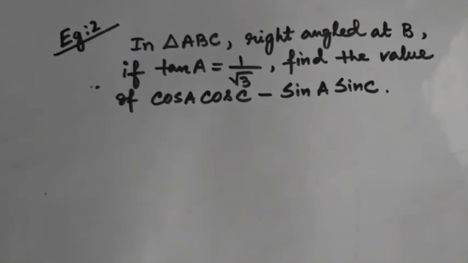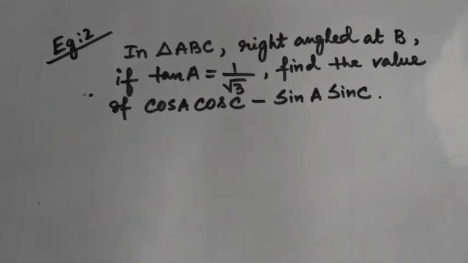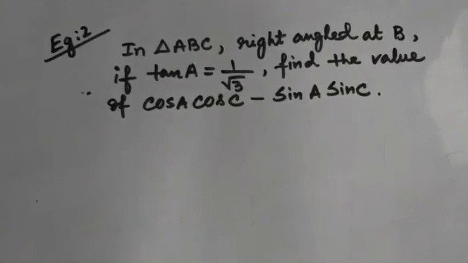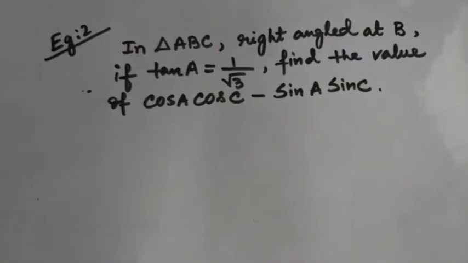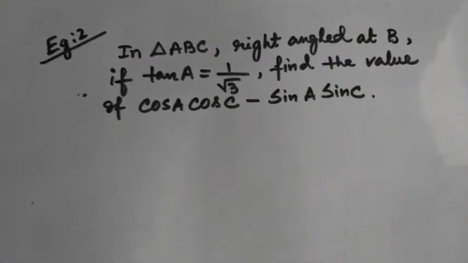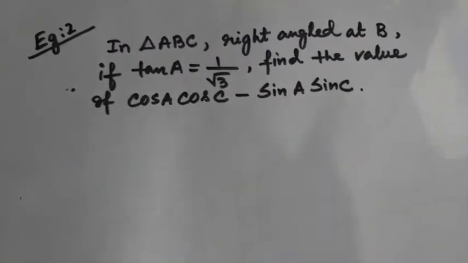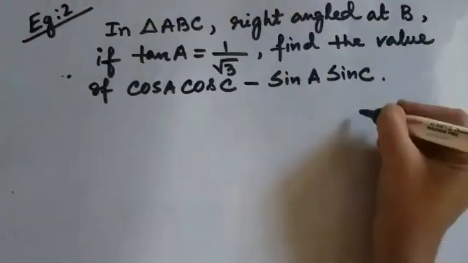In triangle ABC, right angled at B, if tan A equals 1 by root 3, find the value of cos A cos C minus sin A sin C. So to solve this sum, at first we have to draw the right angle triangle.